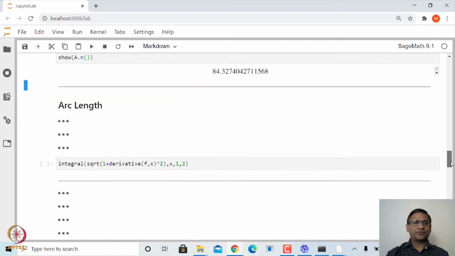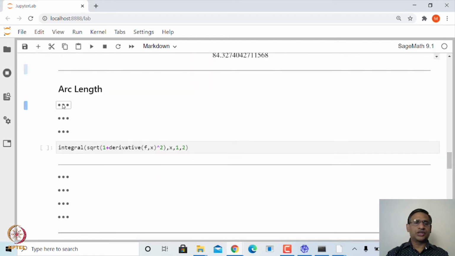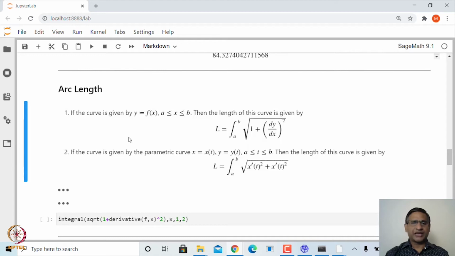Another application of integral is in finding the arc length of an arc. Suppose you have a curve defined by y equal to f(x), an explicitly defined function between a and b. In that case the arc length is given by the integral of square root of 1 plus (dy/dx) whole square, from a to b.